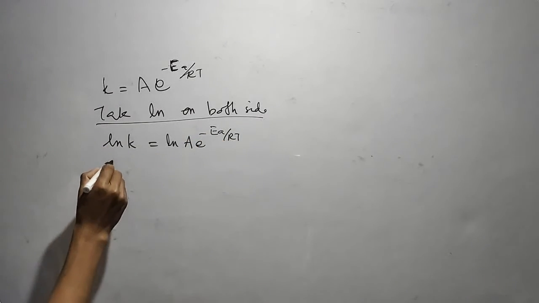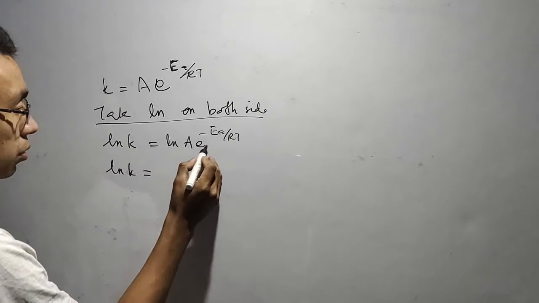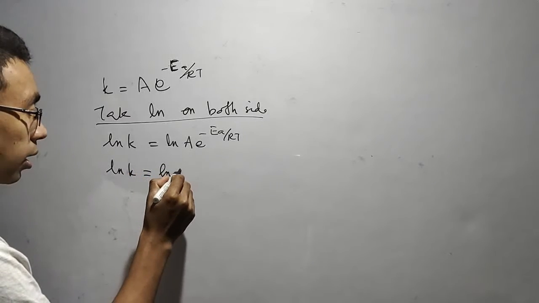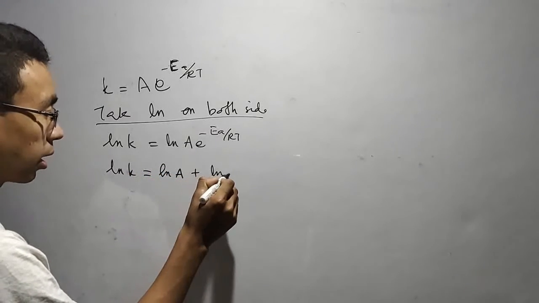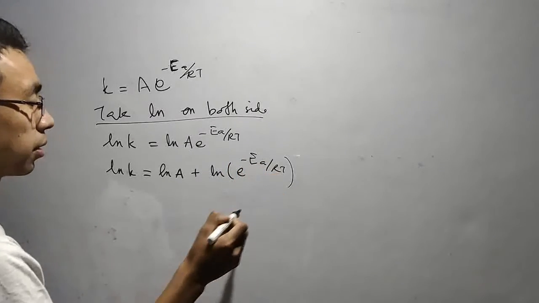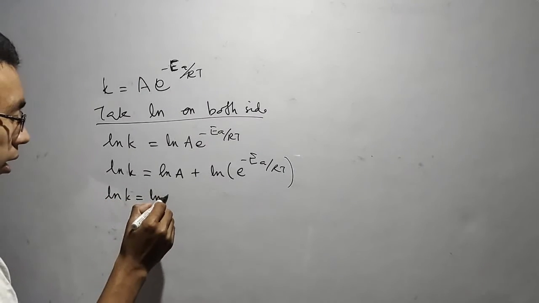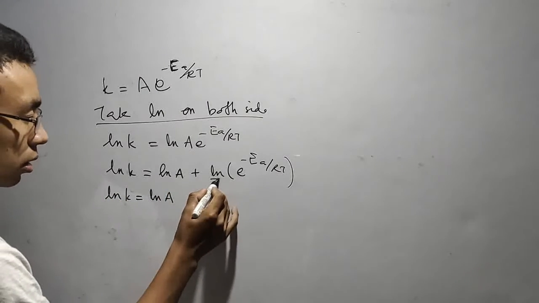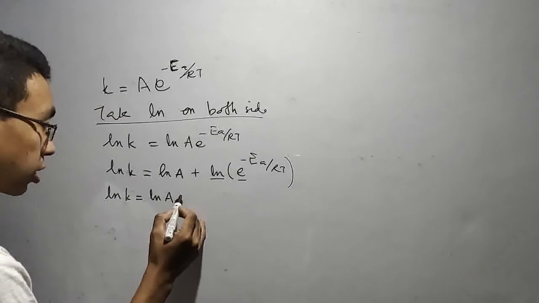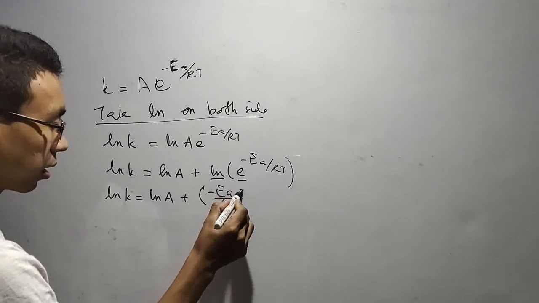Since this is a product, it will be ln A plus ln e to the power minus Ea by RT. Clear? Then ln k is equal to ln A. The logarithm and exponential cancel each other, so what is left is minus Ea by RT.